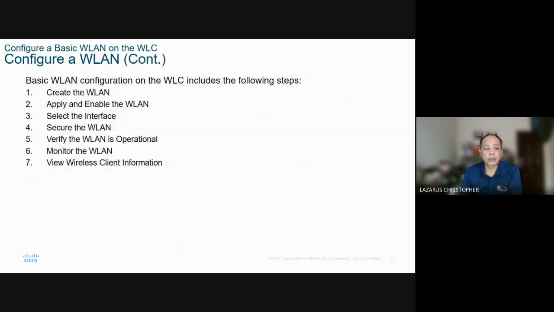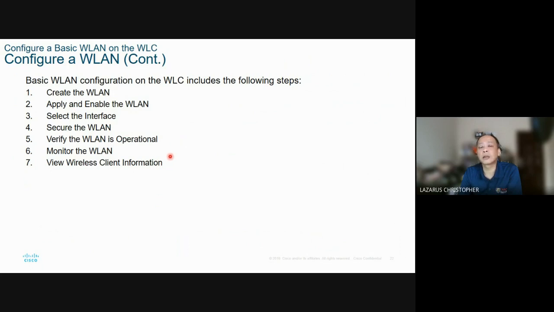Right, so the steps to configure the wireless LAN are here. Create your wireless LAN, click apply, and it will enable the wireless LAN. Select which interface is involved with the wireless LAN, then configure security. Then you verify that it is operational by having a device try to connect to the access point, right?